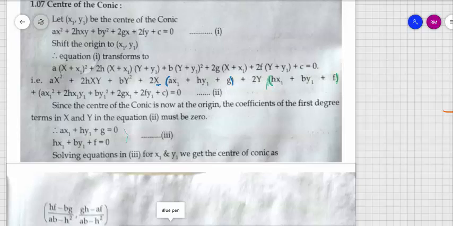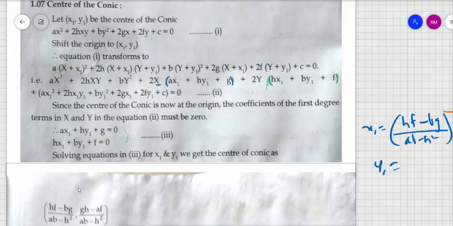Solving these three for x1 and y1 by using Cramer's rule, we get the value of x1 is hf minus bg divided by ab minus h square.